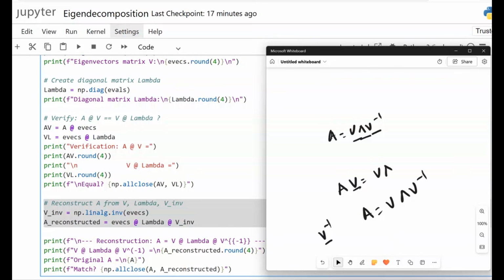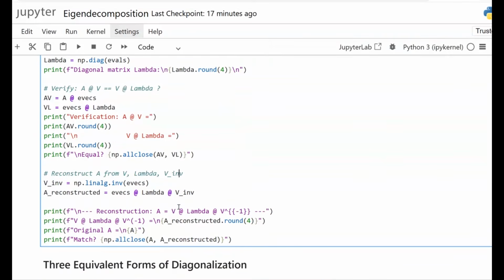Here the diagonalizing decomposition breaks the transformation into three steps. First, we change coordinates, and that is done by V inverse. Second, we scale independently along the principal directions, and that is lambda. Third, we transform back to the original basis, and that is V, the eigenvectors.